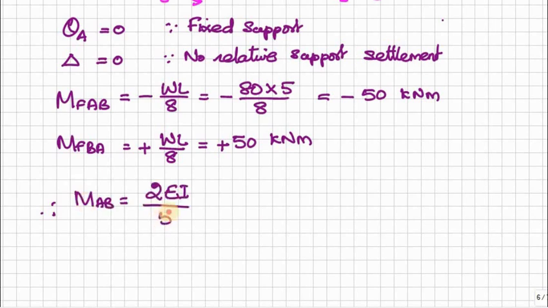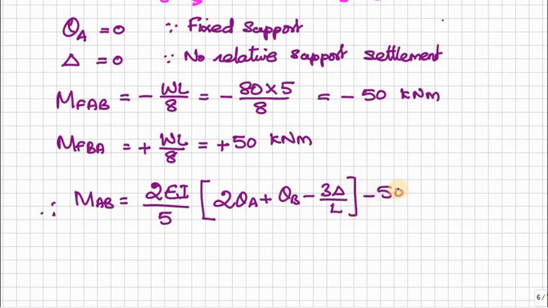So 2 EI by L, here L is equal to 5 meter, into 2 times theta A, but theta A is equal to 0 in this case, plus theta B minus 3 delta by L, but delta is 0 in this case, plus the fixed end moment, minus 50.